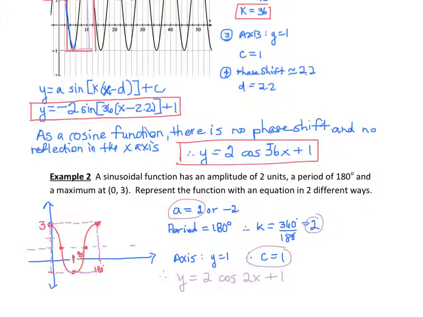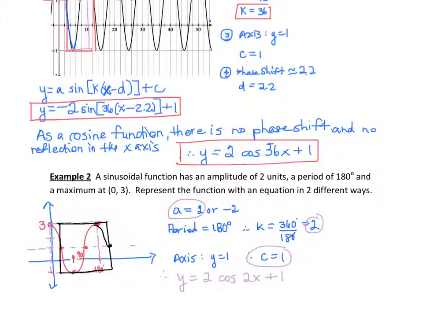Now as a sine function, I would want to draw the box starting here at this point along the axis, and ending 180 degrees later. So the rest of this function would look like that over here. This would be the first cycle as a sine curve.